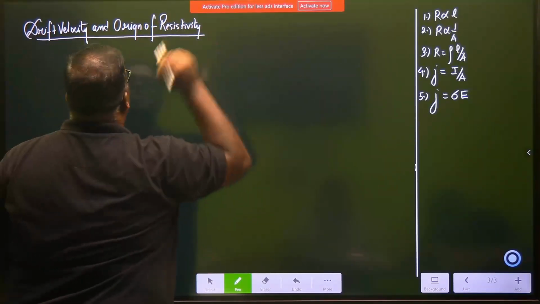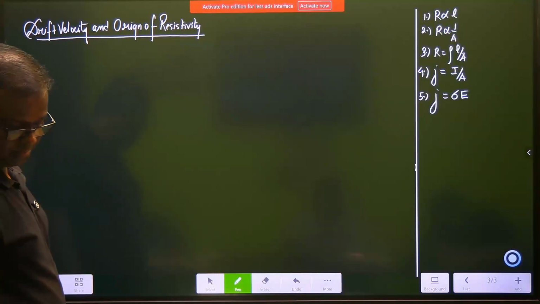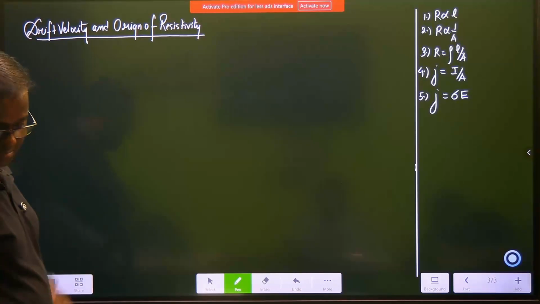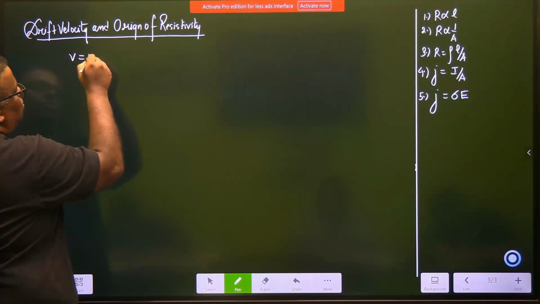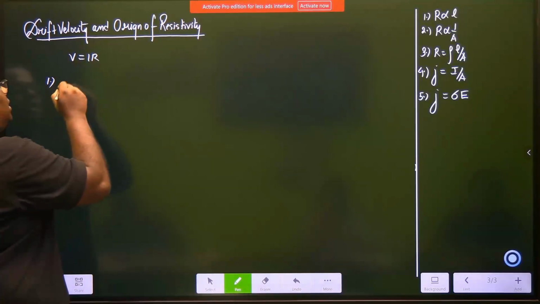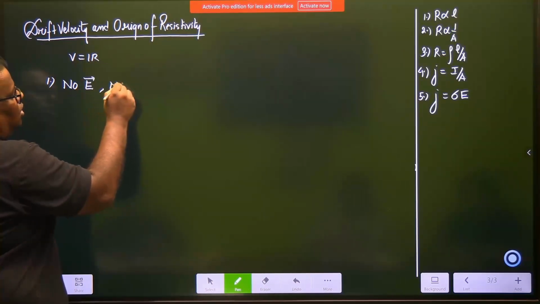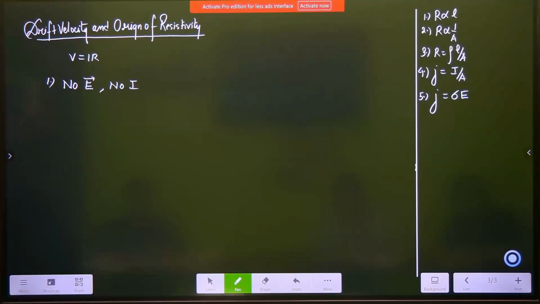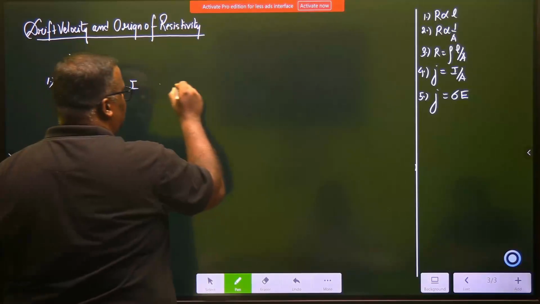It's just a little bit formula centric, that's all. Drift velocity and origin of resistivity. So V equal to IR is known to us. Let's see, suppose number one. Our number one point will be: no E, no I. I hope you have understood. Write this: no E, no I. So what happens in this case?